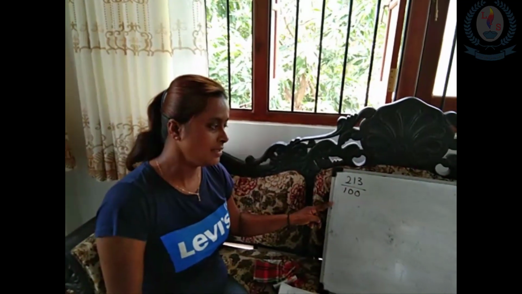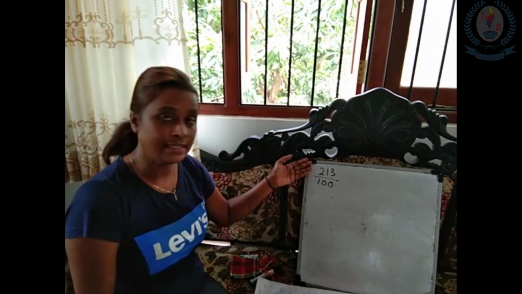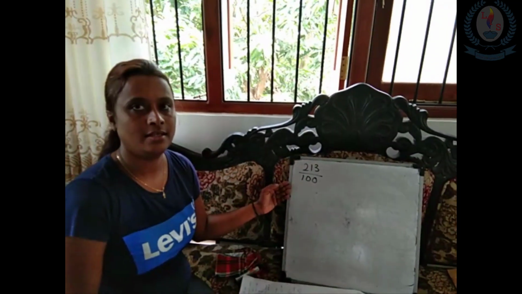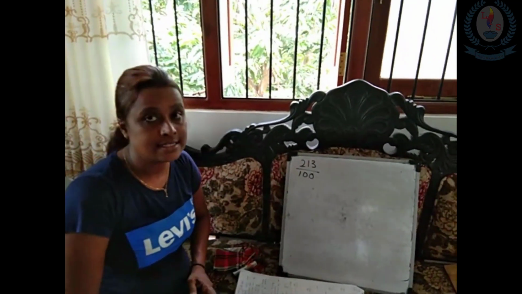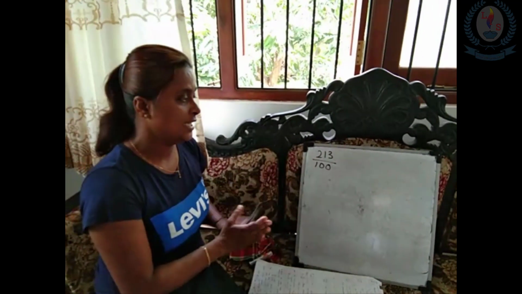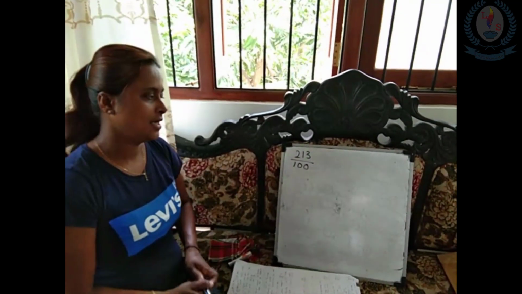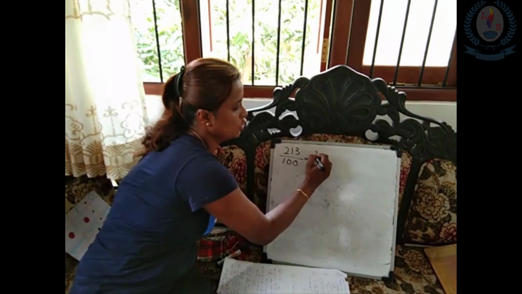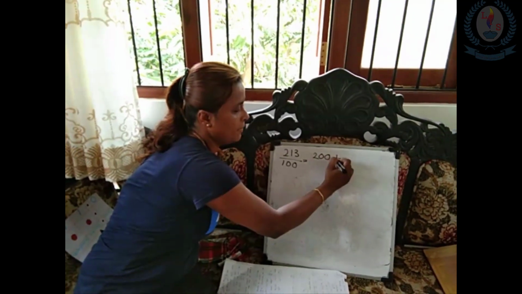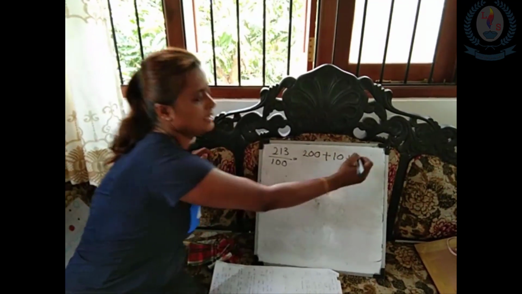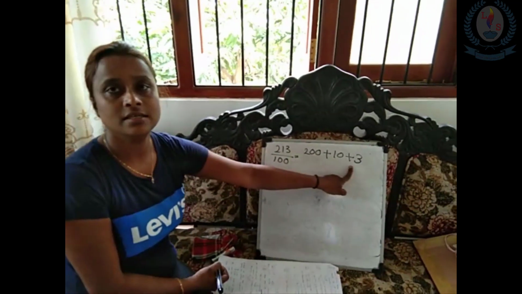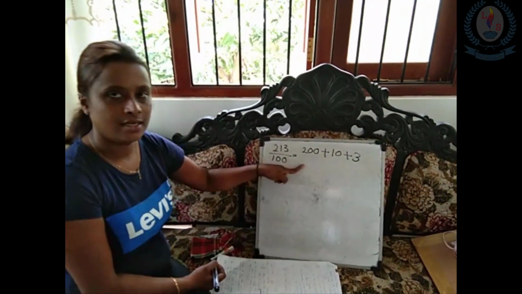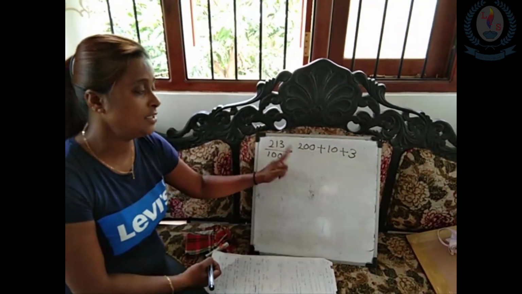Let's write 213 hundredths. We are going to write this as a decimal. First, we will break this 213 into pieces: 200 plus 10 plus 3. You can remember that we have done this in the first lesson.